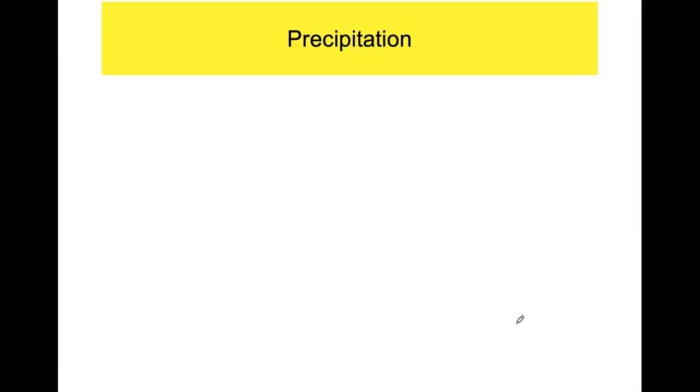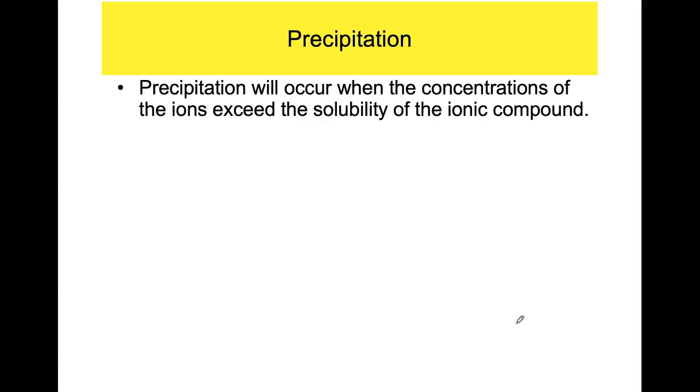Okay. Now, precipitation. Precipitation will occur when the concentrations of the ions exceed the solubility of the ionic compound. Prior to this, you should have done chemical reactions, probably in Chem 1, where you would be given two solutions that are soluble, and you would add the two solutions together.